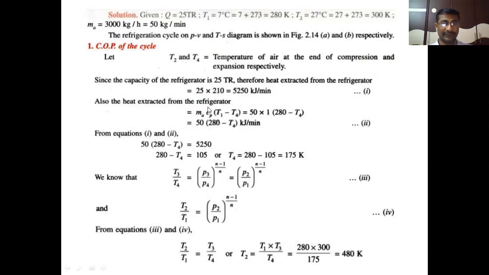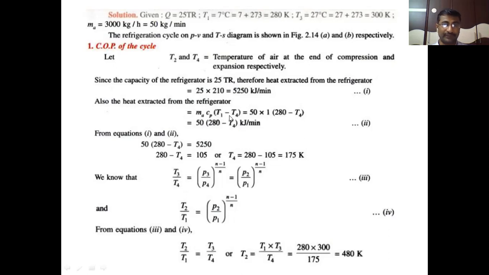Also, the heat extraction from the refrigerator is m Cp into (T1 minus T4), the equation or formula from the TS diagram or PV diagram. That is from the cycle, because 4 to 1 is the refrigeration effect process, the heat extraction process.